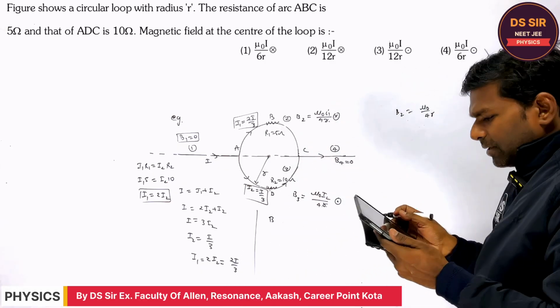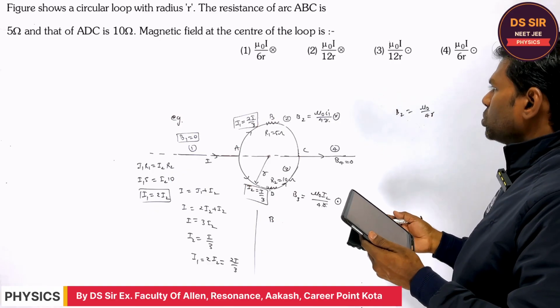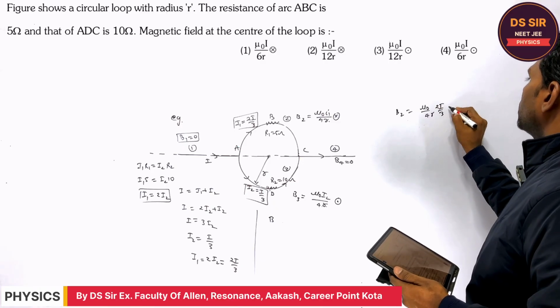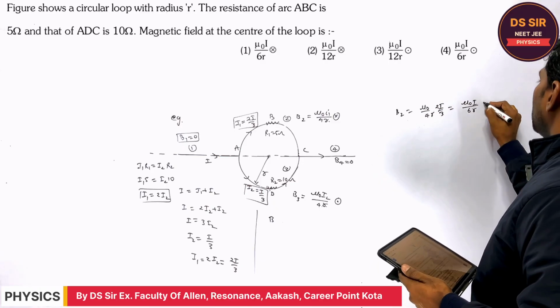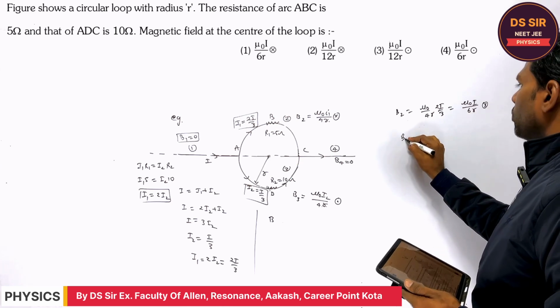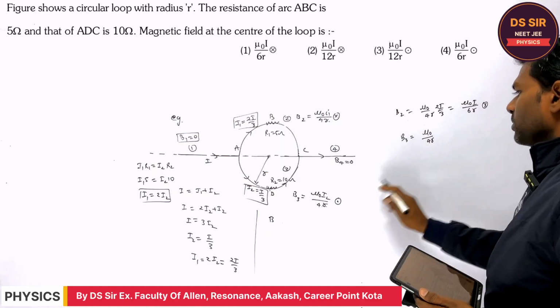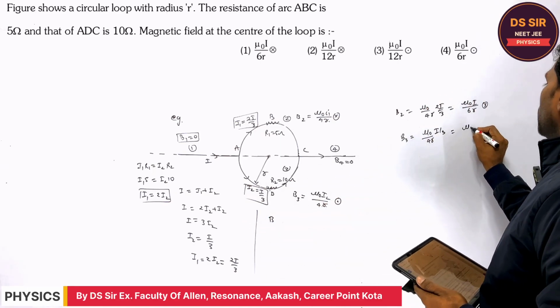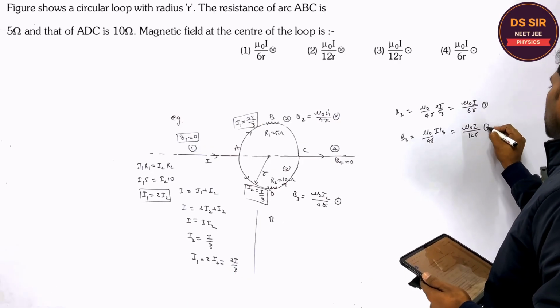The current is I, and the current in this branch is I1, which is 2I by 3. So it is mu naught I upon 6R, into the board. What is B3? Mu naught I2 upon 4R, with I2 value I by 3, so mu naught I upon 12R, and it is out of the board.